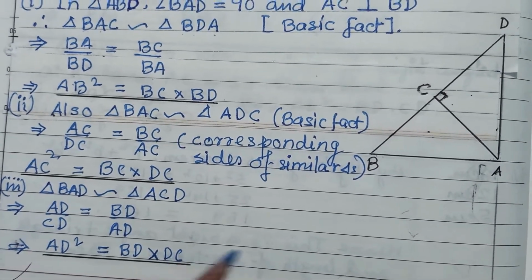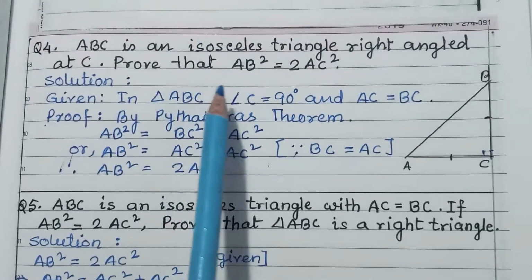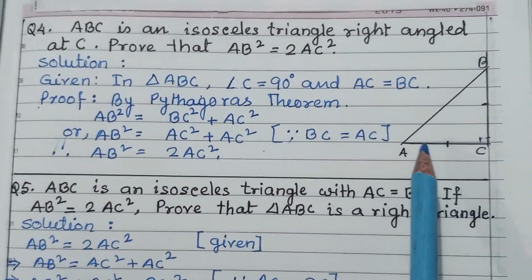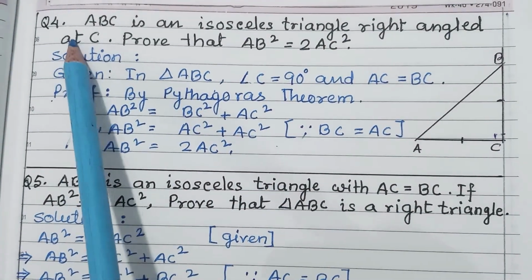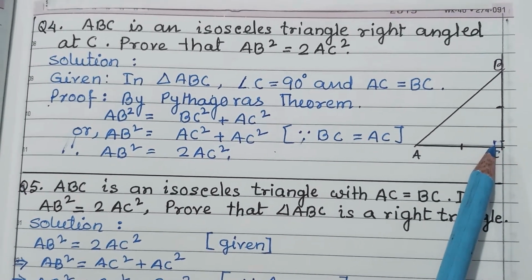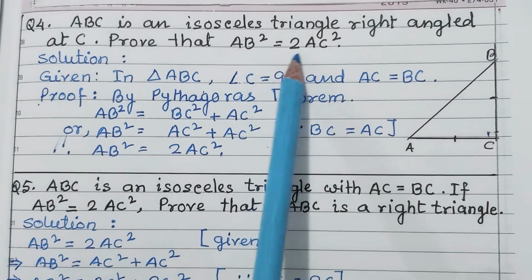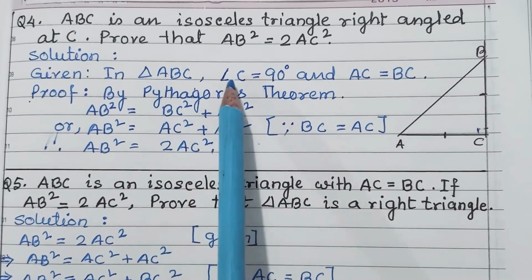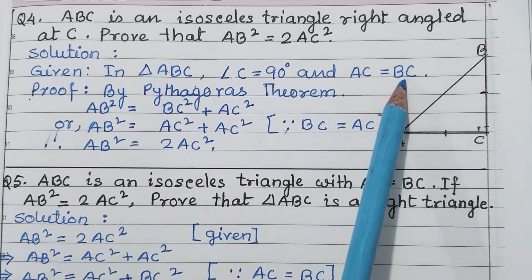Got it? Next question is question number 4. ABC is an isosceles triangle, right angled at C. Prove that AB square is equal to 2AC square. Now in triangle ABC, angle C is 90 degree and AC is equal to BC, as given.